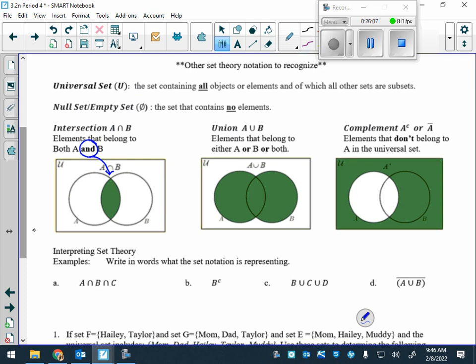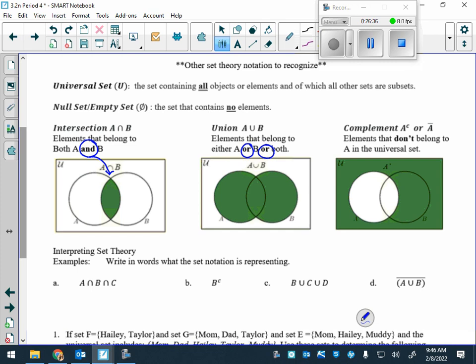Another key one that we tend to mess up a lot is the union, where it's this U. Okay, it means or. It's either in A or B or both. The biggest one that we always forget anytime it says or is this middle piece. That is included in the or statement. Okay, it's A or B or both.